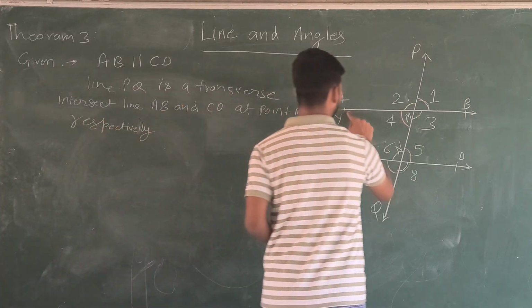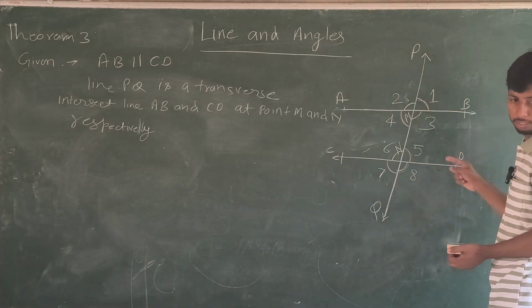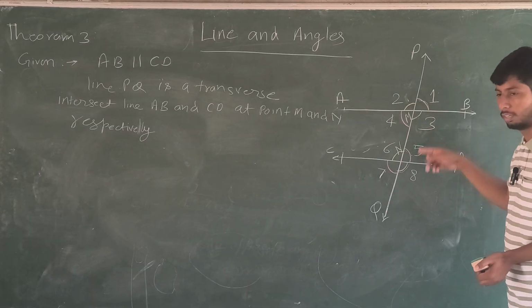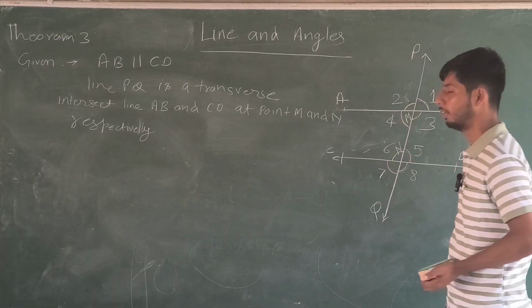So this we have already been given. AB and CD are parallel and a transversal line intersects lines AB and CD at points M and N.